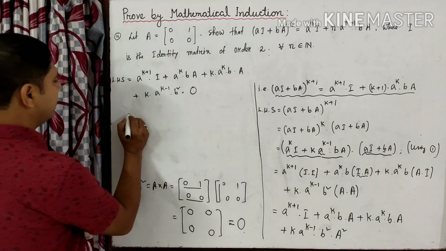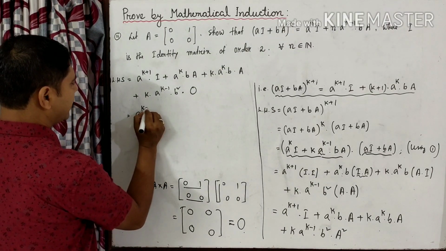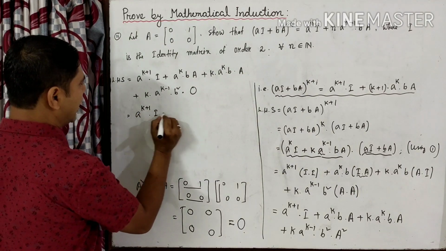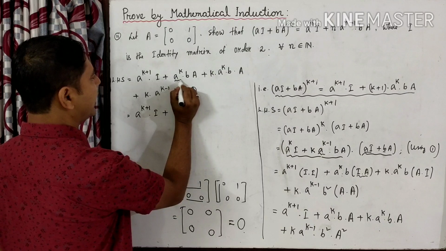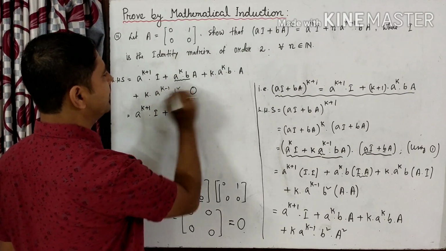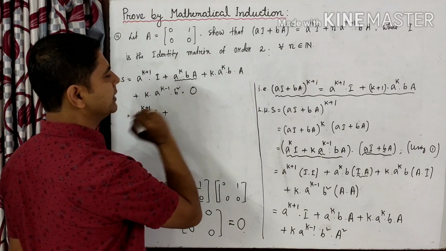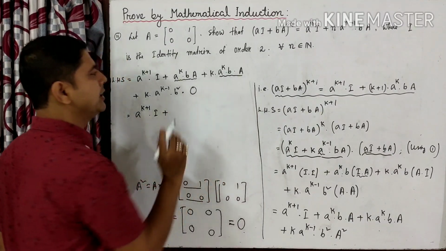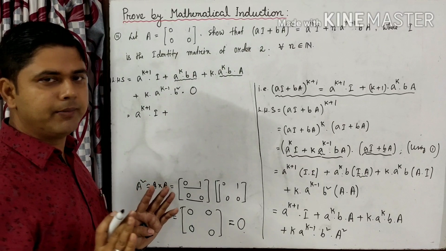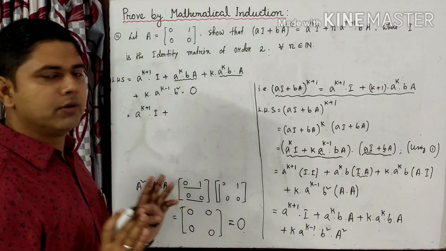A null matrix is denoted by the symbol 0. Now from this part, A^(k+1) into I. From this part, A^k into B into A, and here also A^k B into A. This part, both are common terms from the given two terms.